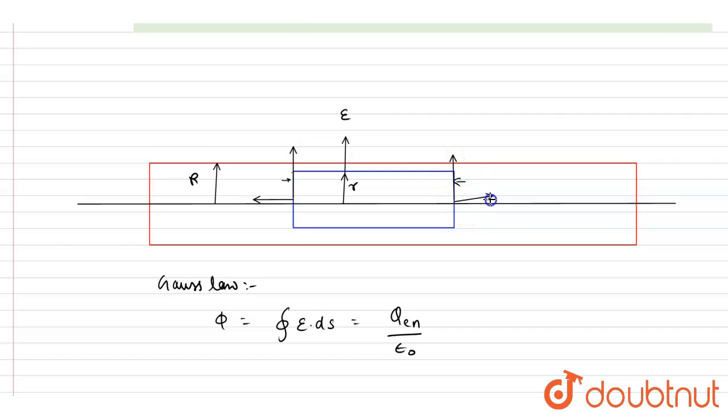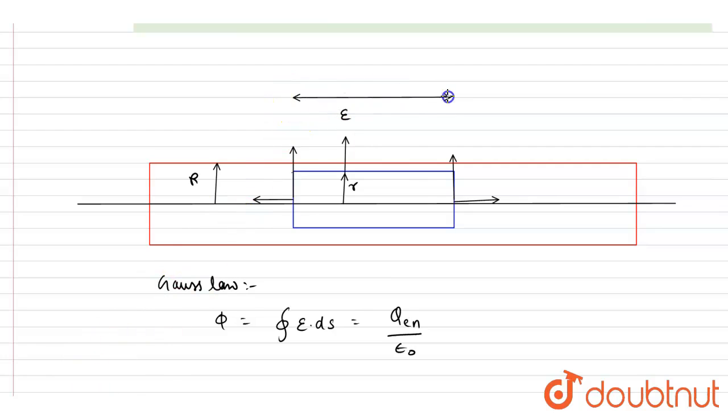So let's calculate the E dot ds for this curved surface. Let's say the length of this Gaussian surface is L.